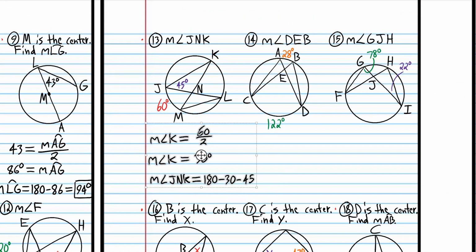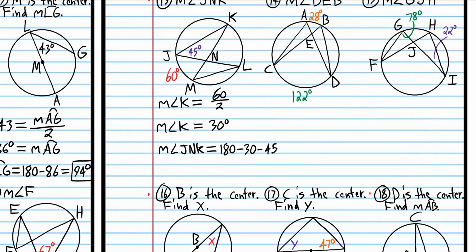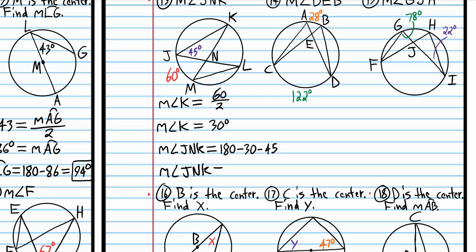So I'm going to move this up a little bit. Measure of angle J and K is equal to, and you can use the calculator for that if you need to, 180 minus 30 minus 45 equals 105, so 105 degrees.